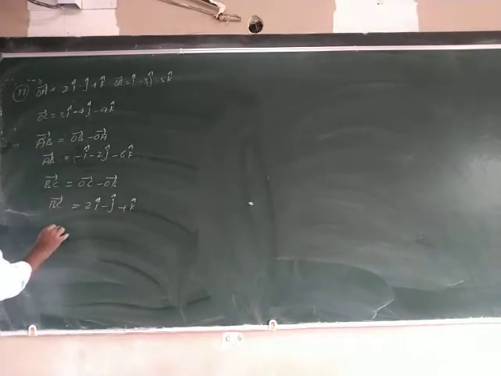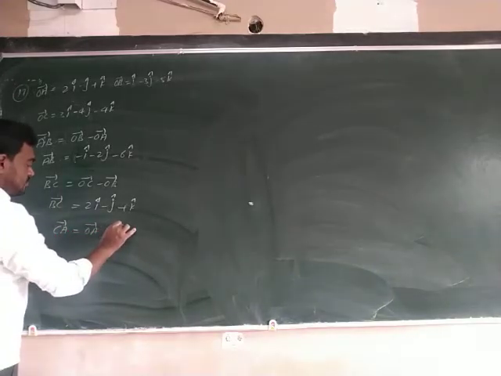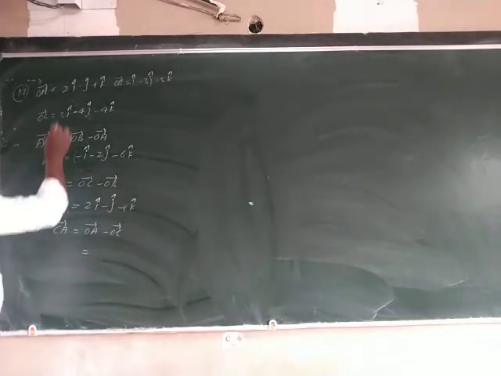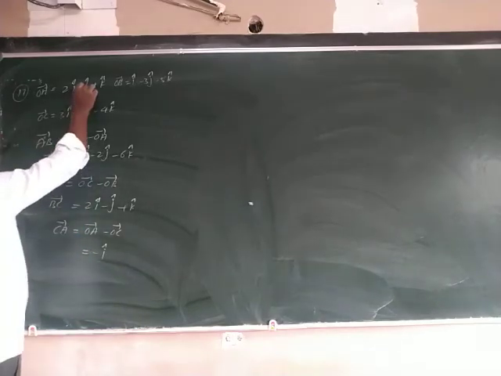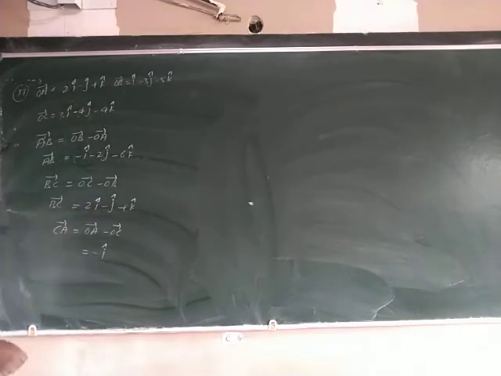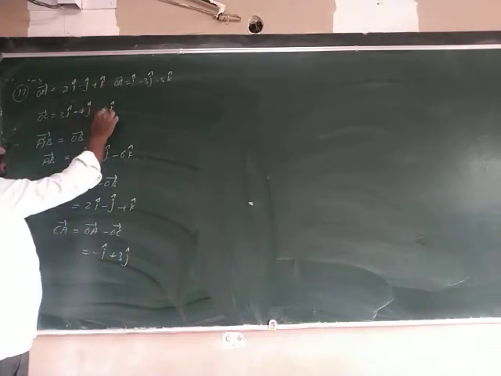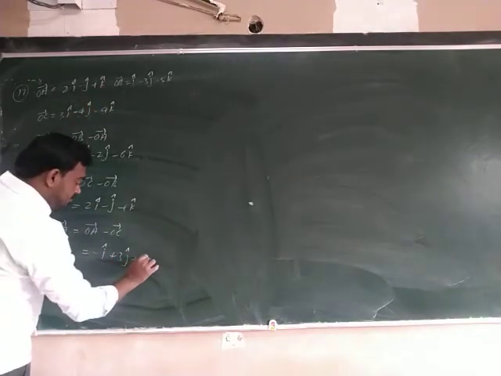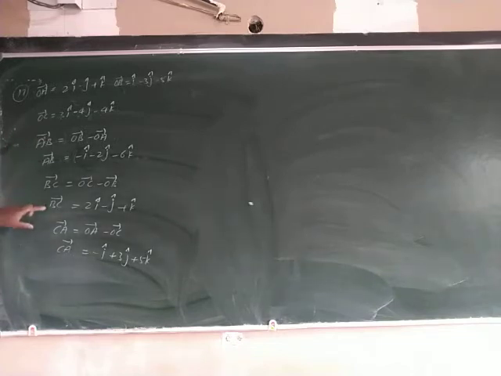Next is CA. This is OA minus OC. OA is 2i minus 3i, which is minus i cap, minus j plus 4j, so plus 3j, and k minus 4k... plus 5k. Now you see which product is 0: AB dot BC, BC dot CA, or AB dot CA.